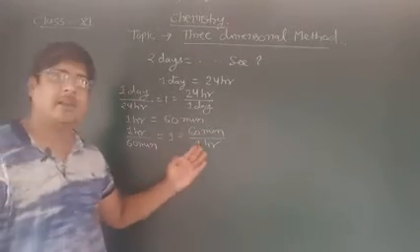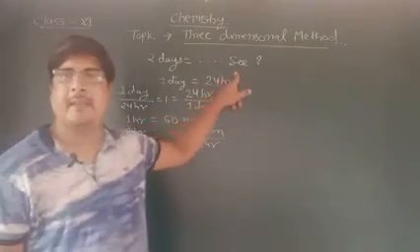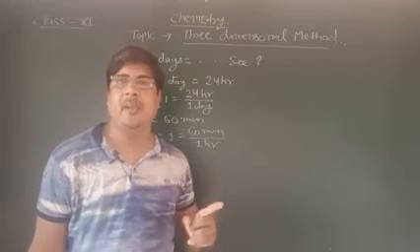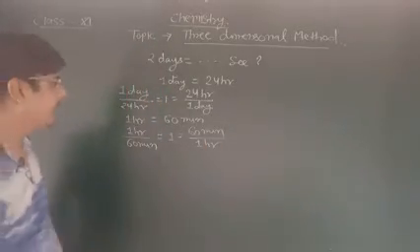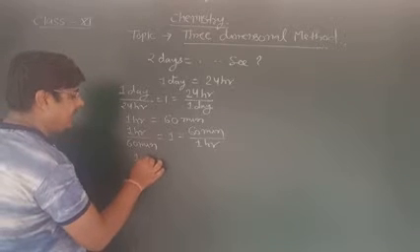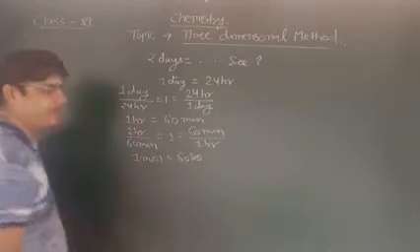You can easily convert hour into minute, but we are finding the second. So in the last, you will have to convert minute into second. How can you do this? You know very well, 1 minute is equal to 60 seconds.